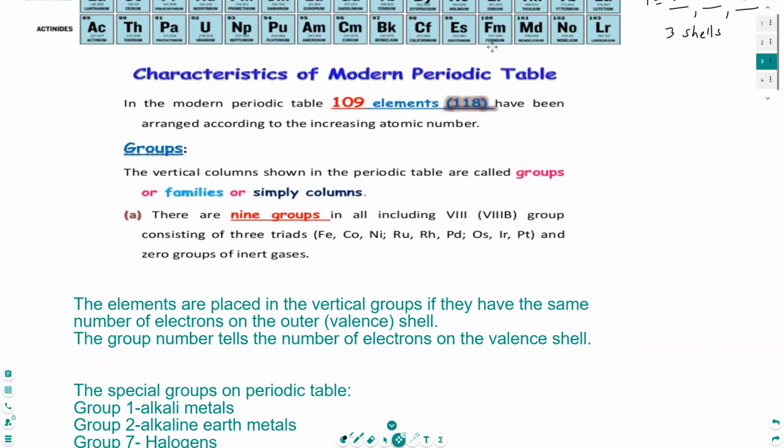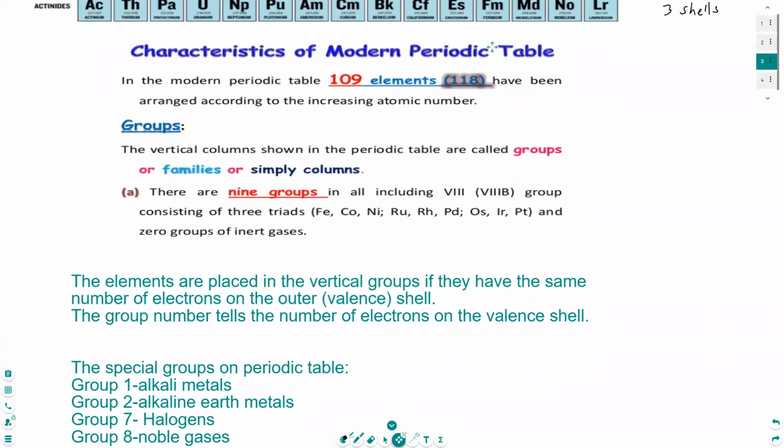So the groups are the vertical columns shown in the periodic table. Those are called groups or families or simply columns. And there are 8 groups, right? And then it didn't say here, but remember the periods are the horizontal rows. So let me just write that here.